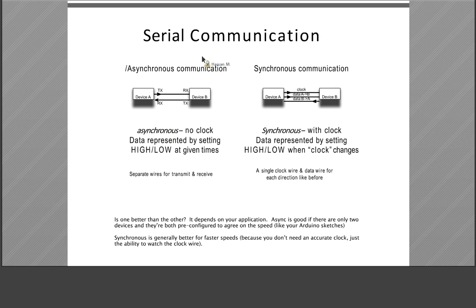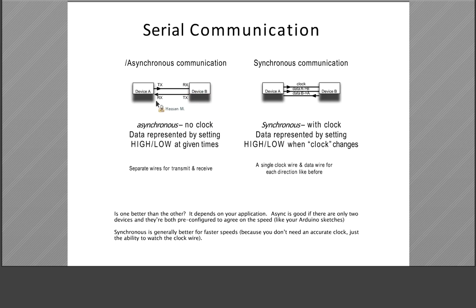Again we see with a figure serial communication, asynchronous versus synchronous. Asynchronous from device A to device B, we only have, for example, 2 lines for full duplex communication: from TX to RX, transmitter to receiver, and from TX of device B to RX of device A. That's right, only 2 pins.